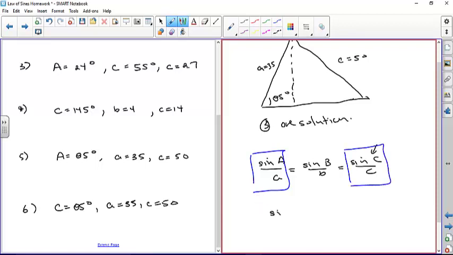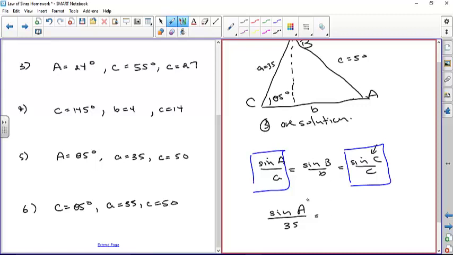So I'll have the sine of A, which is unknown, divided by the length of side A, which is 35. So this is actually angle C. This is angle A. This is angle B up here. This would be side B. This would be side A.